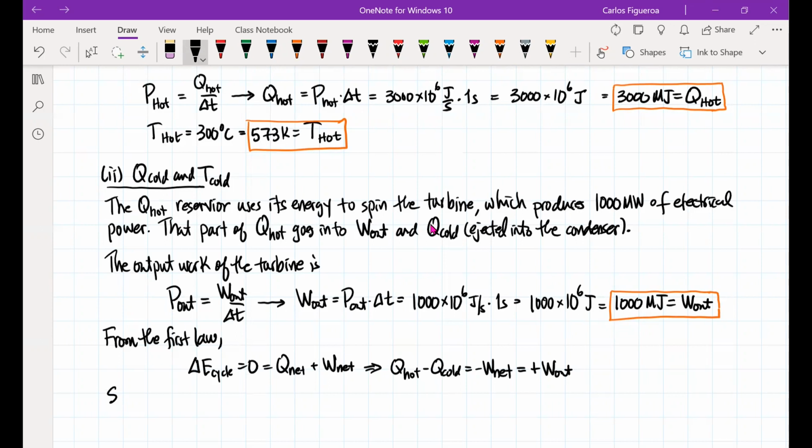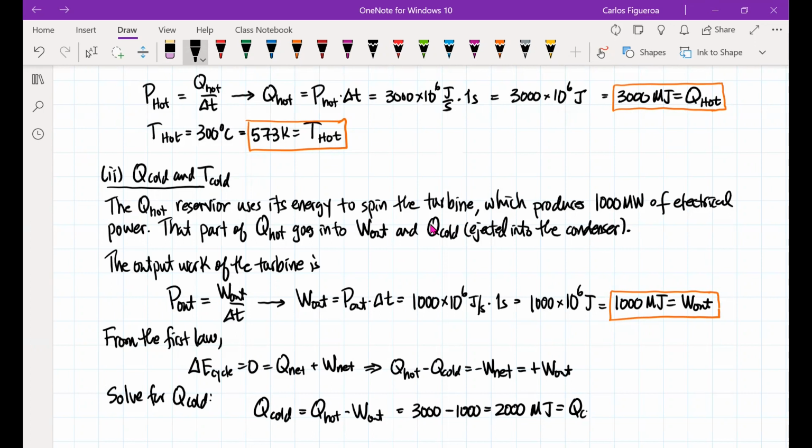So then we can solve for Q cold, which equals Q hot minus the work out, which equals 3,000 minus 1,000, which is 2,000 megajoules for Q cold. So now we have a picture.